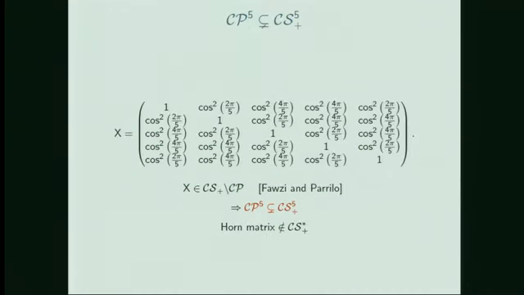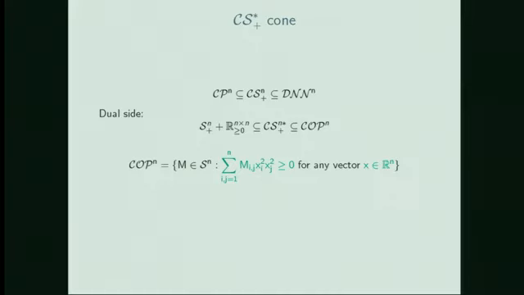The other one was found by Fawzi and Parrilo. They found a matrix which is completely positive semi-definite but not completely positive. And in particular, this implies that the Horn matrix, which we saw yesterday, is not in the dual of the cone. So let's look at what the dual is. The dual of completely positive is the copositive cone, and it's the symmetric matrices such that the polynomial that you can write as the sum of m_ij x_i squared x_j squared is non-negative for any vector x in R^n.